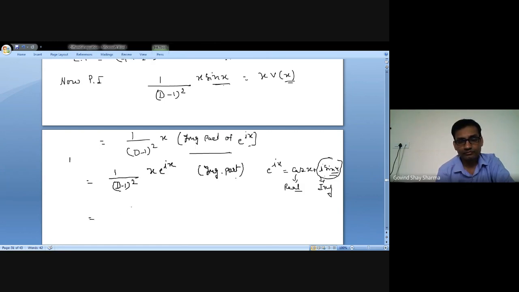Now it converts the problem into the form e to the power alpha x times a function of x.